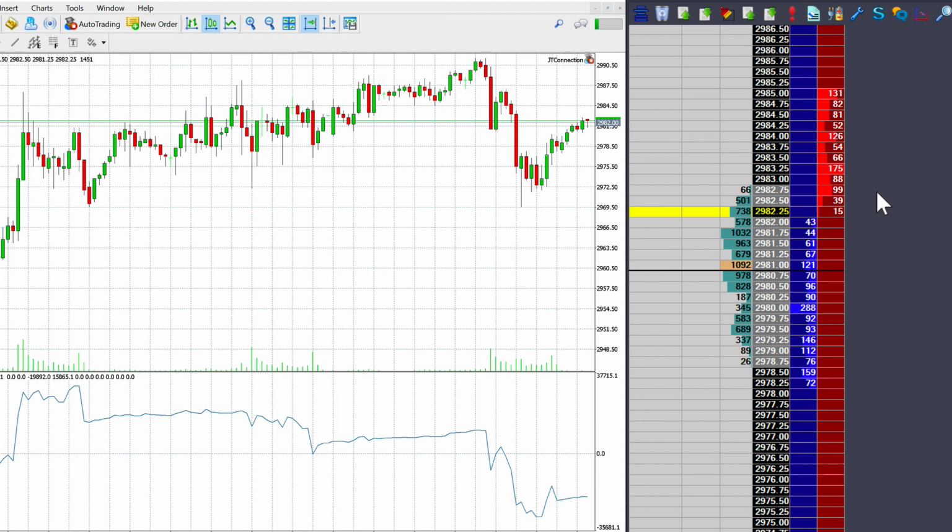I will try and make some more detailed explanations of some of the strategies and things you can do with a ladder, and try to be a bit more descriptive. But like I said, at this point, I don't really know how the platform is going to work or how the price is going to behave.